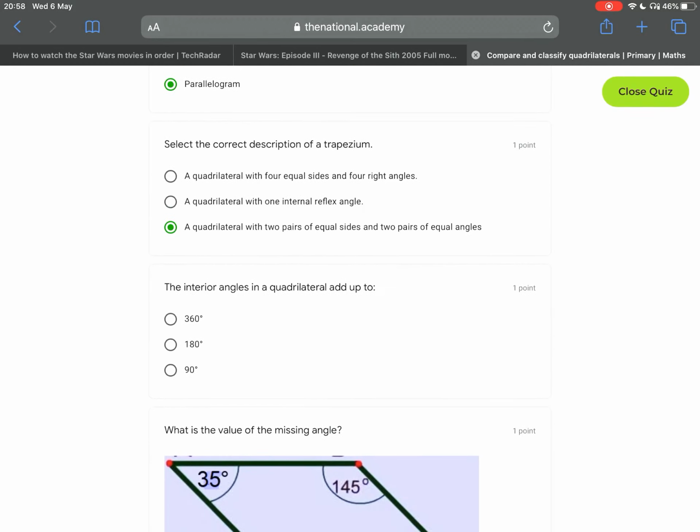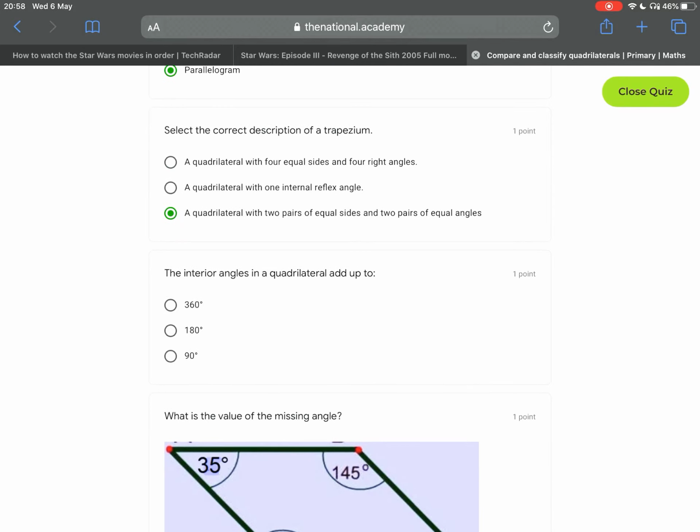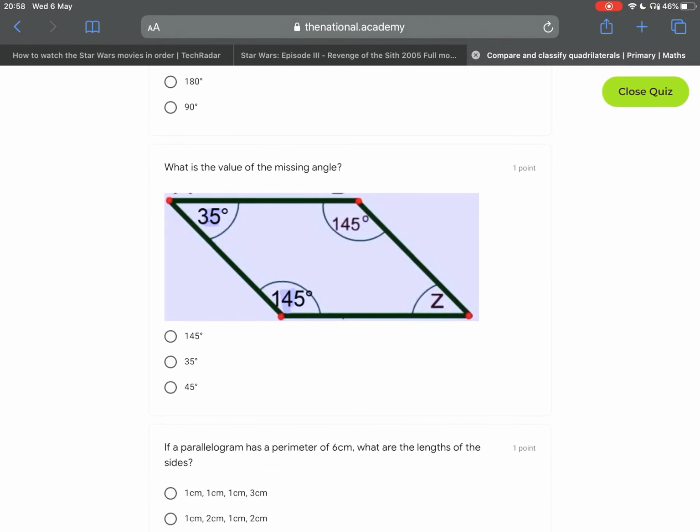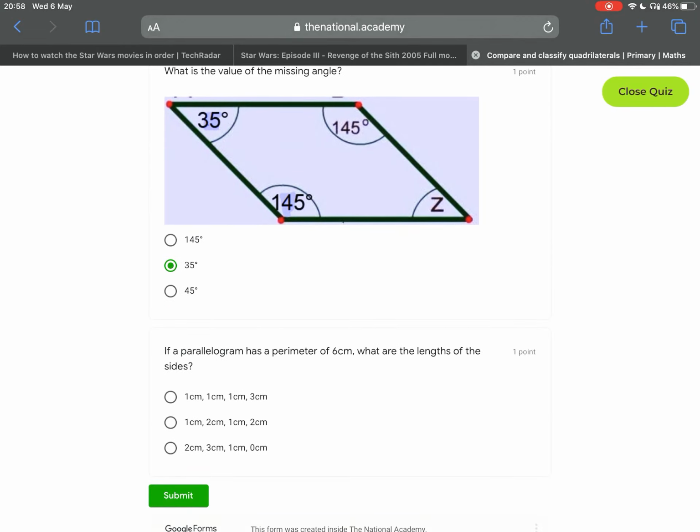The interior angles in a quadrilateral add up to 360 degrees. What is the value of the missing angle? That would be 35 degrees, as it's opposite 35 degrees. If a parallelogram has a perimeter of 6 centimeters, what are the lengths of the sides? So the answer here would be 1 centimeter, 2 centimeters, 1 centimeter, 2 centimeters.